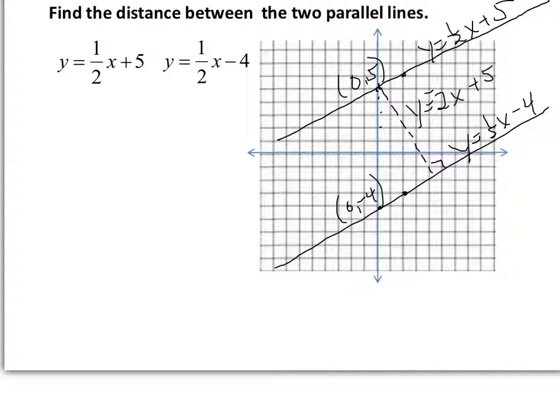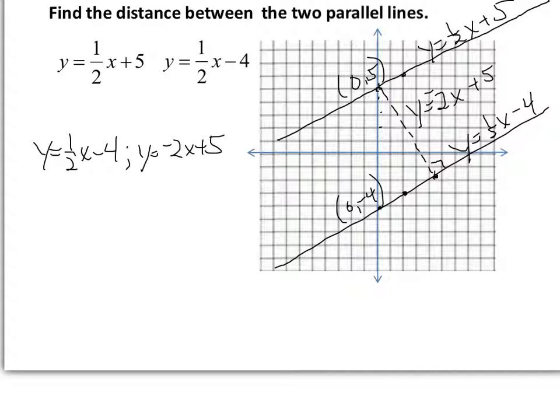So we now have two equations that intersect at that point. Those two equations are y equals 1/2 x minus 4 and y equals negative 2x plus 5. I'm going to treat this as a system of equations and solve for the variables.